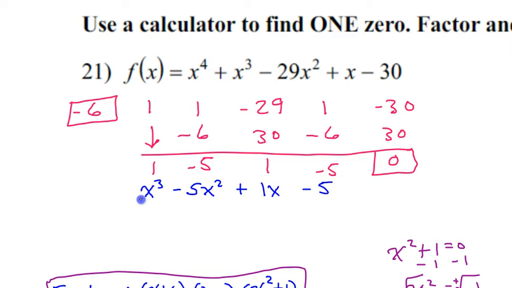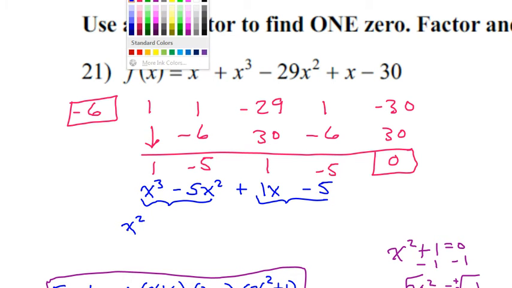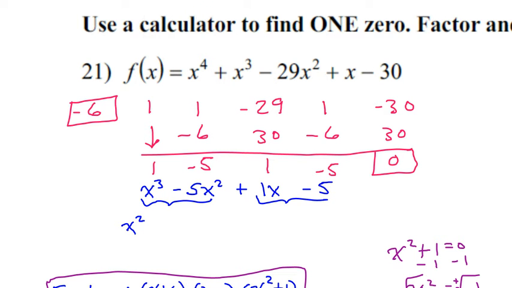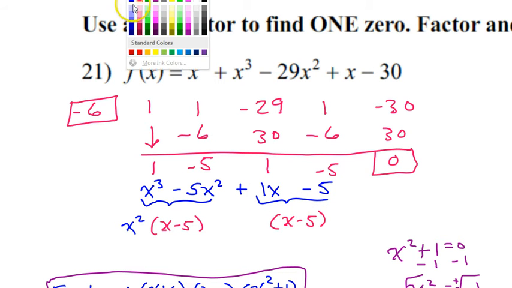So the way grouping works is we're going to look at these two, and then we'll look at these two together. The GCF here would be x squared, and that's going to leave behind x minus 5. So we really expect to see an x minus 5 over here as well. See that 1 in front?